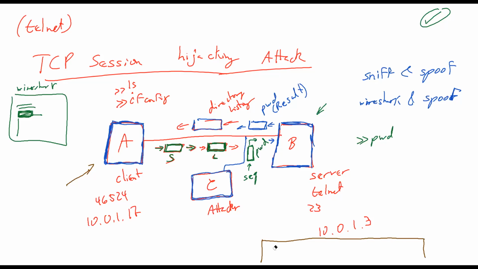So the output that I'm looking for is then that PWD output, okay? That's what I'm looking for, the PWD output. So you might ask the question, what's the point of that? If you're an attacker, you're not stealing any information, right?